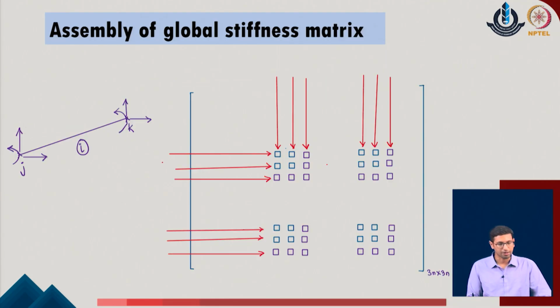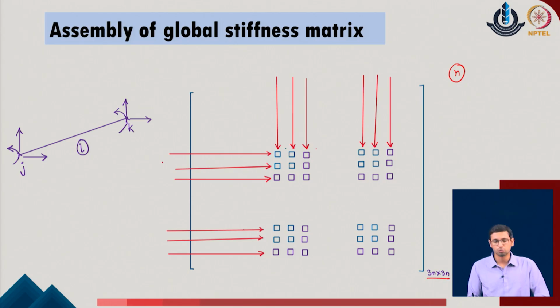So, corresponding to the joints j and k of the member I, we will be locating these contributions in the overall stiffness matrix. As we say that total degrees of freedom in the system are n, the total size of the stiffness matrix will be 3n cross 3n.